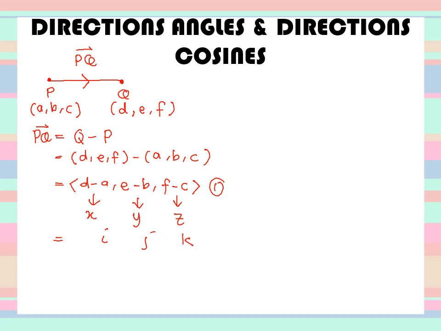If you use i, j, k form, you will write your vector in an addition form.